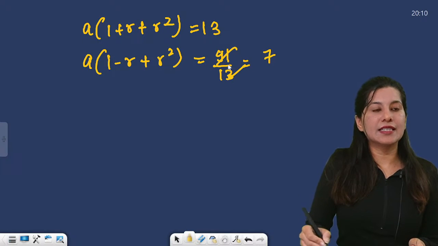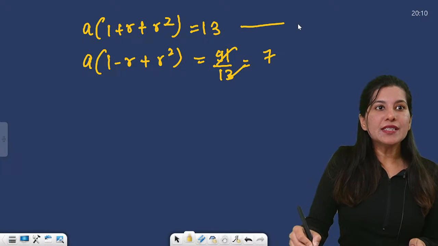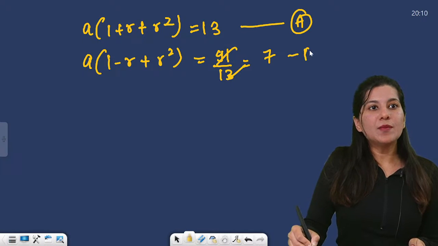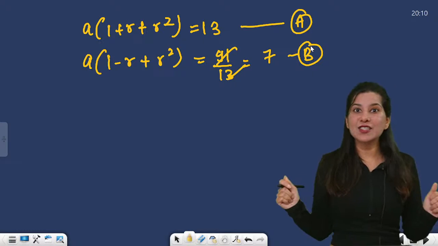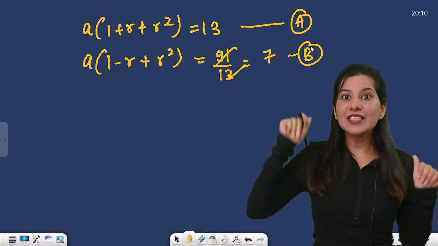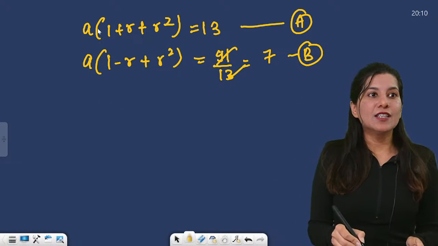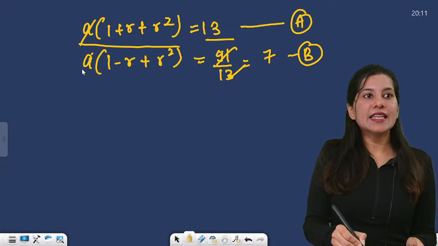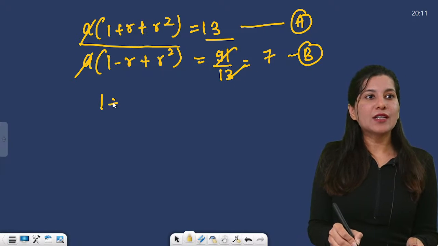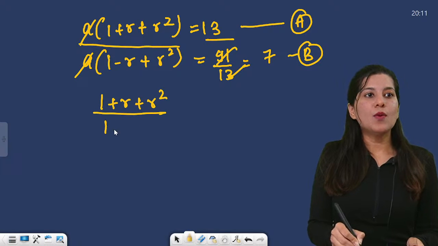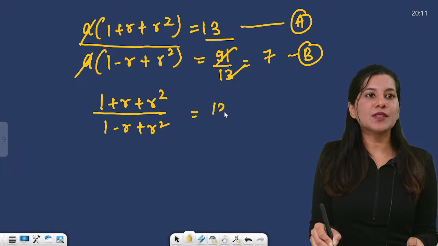Okay, so now I have equation A and equation B. Why not divide these two equations so that I get rid of this A? The moment I divide, A cancels, and I get 1 plus R square over 1 minus R plus R square is equal to 13 by 7.